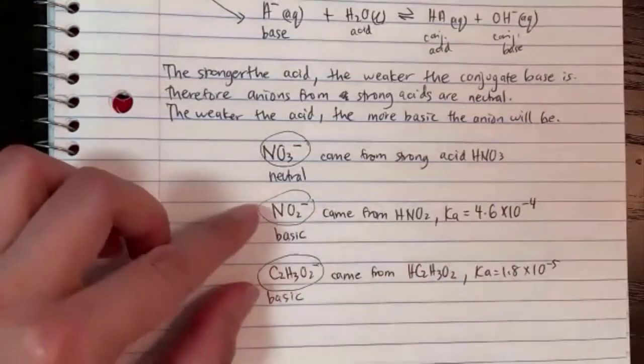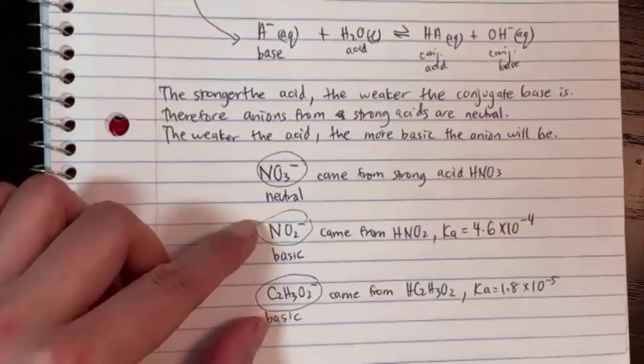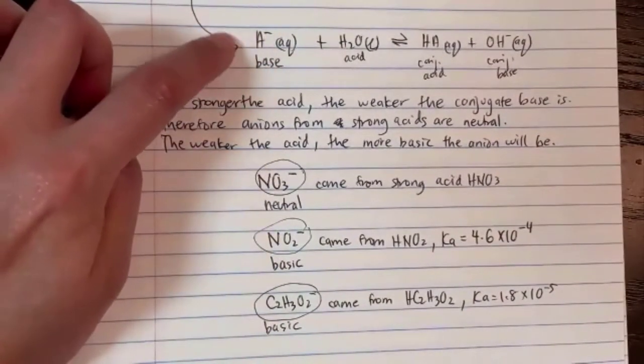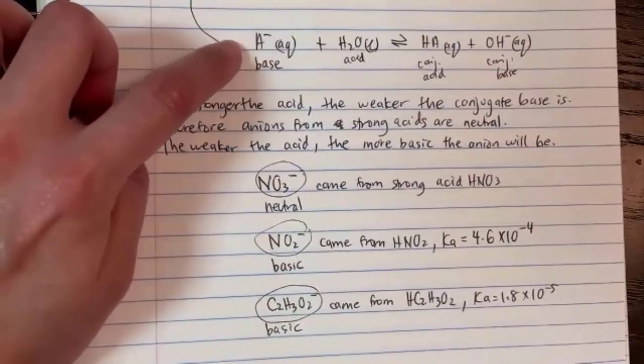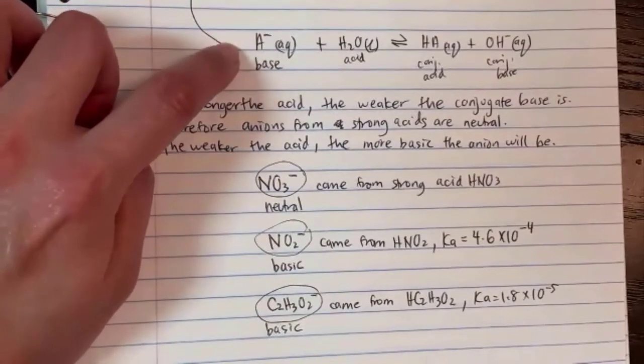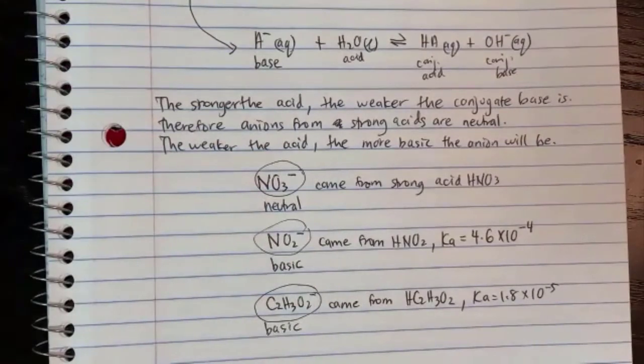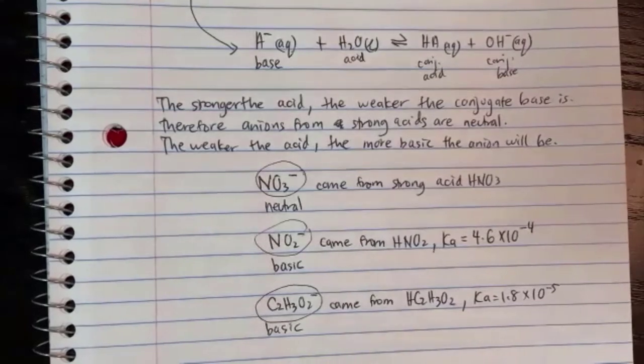When you say the ion is basic, you can write a basic equation for that ion. And then you can do whatever calculations you need. You can calculate the pH that results from the basic ion here. So that's the goal here, to be able to identify ions that can be basic. So anions are basic if they come from a weak acid.